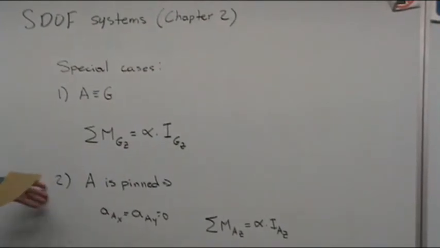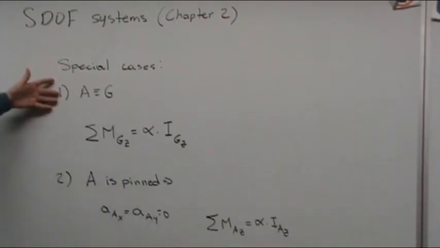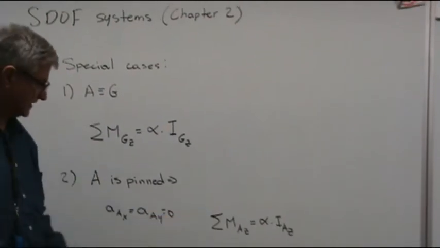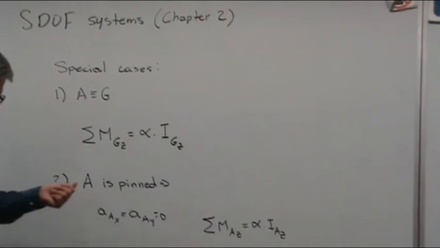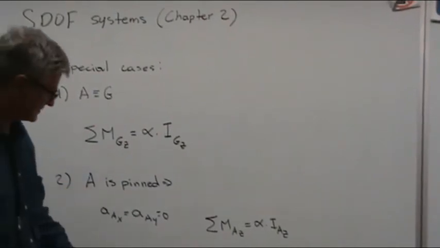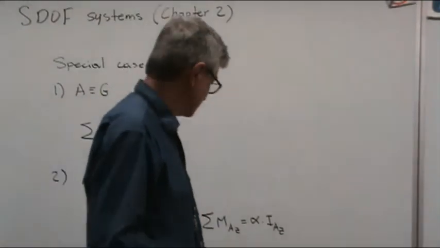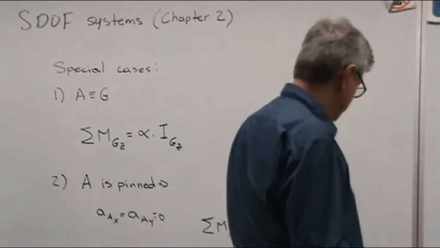So one recommendation, if you want to make your life easy, is to choose as the reference point about which you will write the equation of motion either the center of gravity, or alternatively, if there's a pinpoint, consider this as the reference. And then it will be easier to write the equations for Newton's law in terms of rotation.